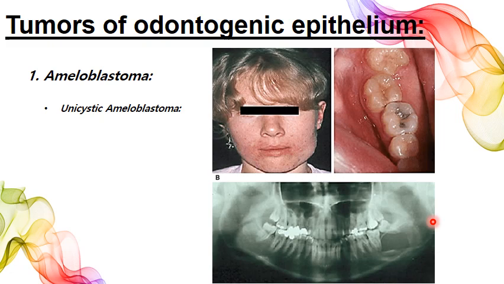Unilocular radiolucent mass. It is like a dentigerous cyst, especially if it is associated with an erupted tooth, which sometimes may occur. Like we see here, it causes malpositioning of the lower 8.